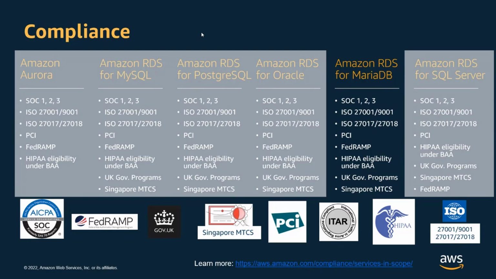This includes FedRAMP, PCI, HIPAA, UK government programs, etc. You can take the audit findings from your application and combine them with the appropriate attestation from AWS's third-party auditors to have a complete verification for compliance for your application on AWS. You can also check the compliance service scope link that we've presented at the bottom of the slide. This will help you find out whether a specific compliance protocol is supported or not against any AWS service that you want to use.